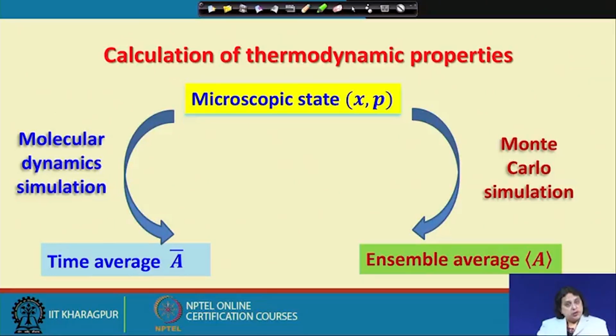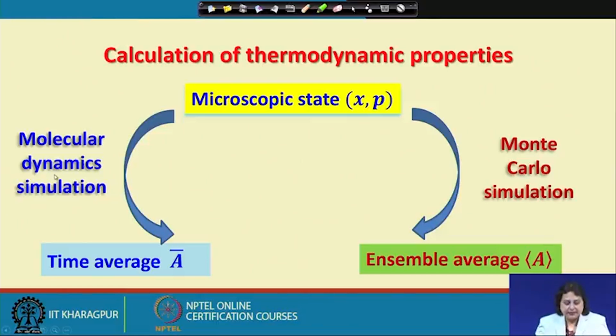So, what do we do in molecular dynamics simulation? We have a suitable equation of motion which can be solved starting from a given initial condition, which will in turn take me from one initial microscopic state to another one as time progresses. Therefore, any quantity, any property that I calculate at each of these time slices gives me the time average A bar.